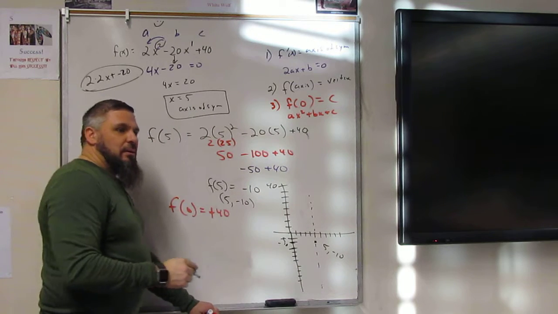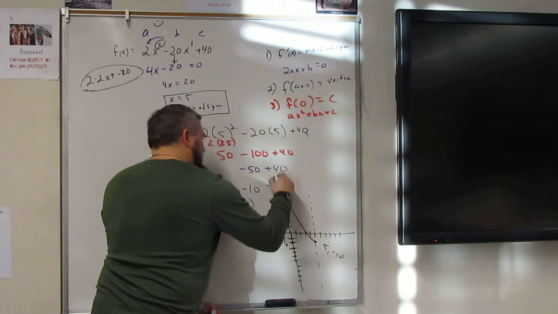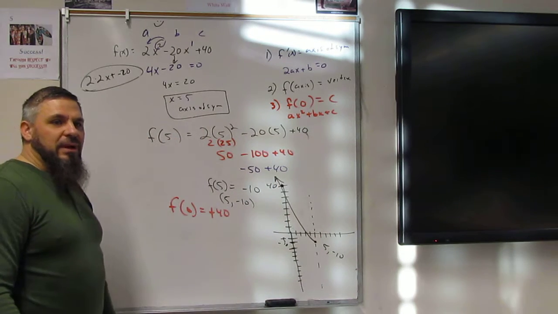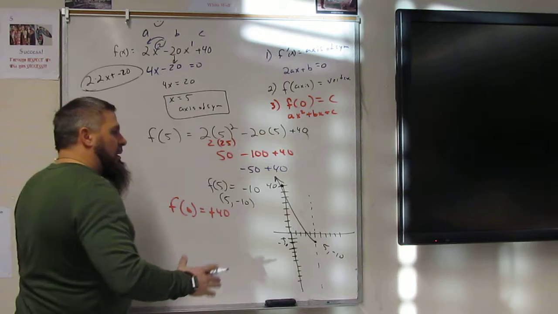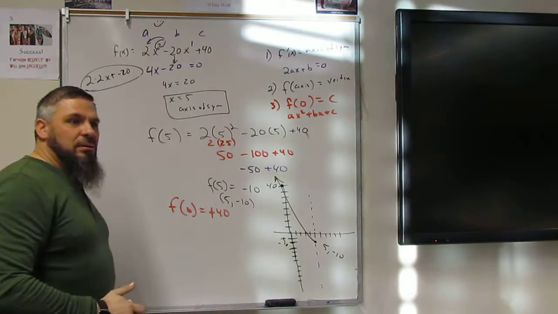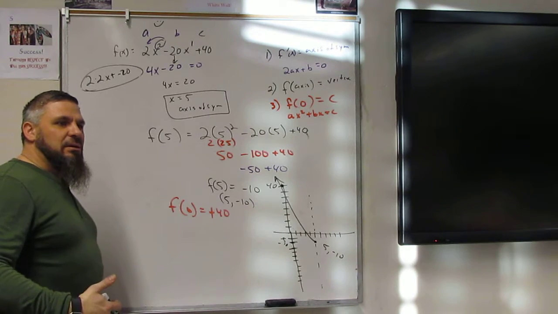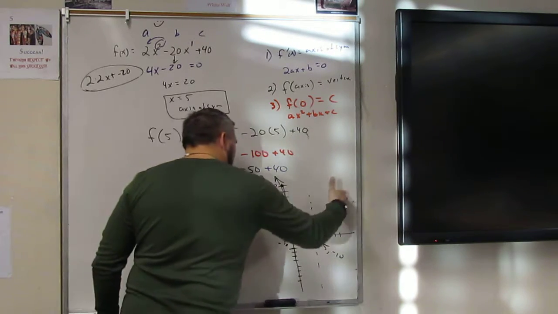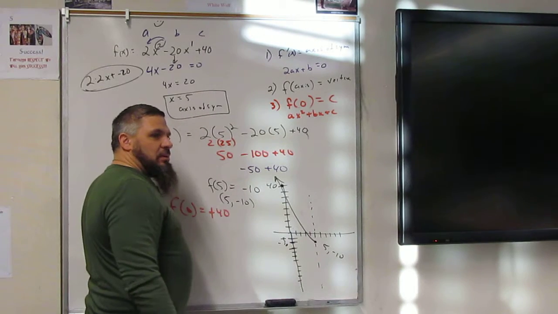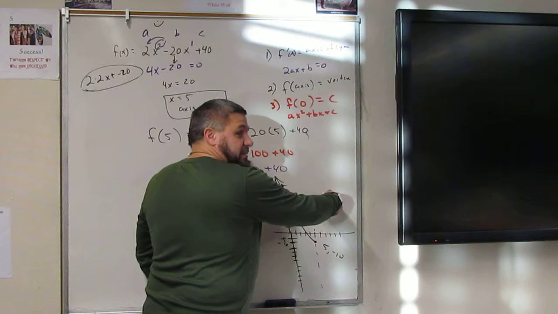So this is going to go up to here. So I know that this is going up like that. Now, how far away do I have to go to get that other point of symmetry?